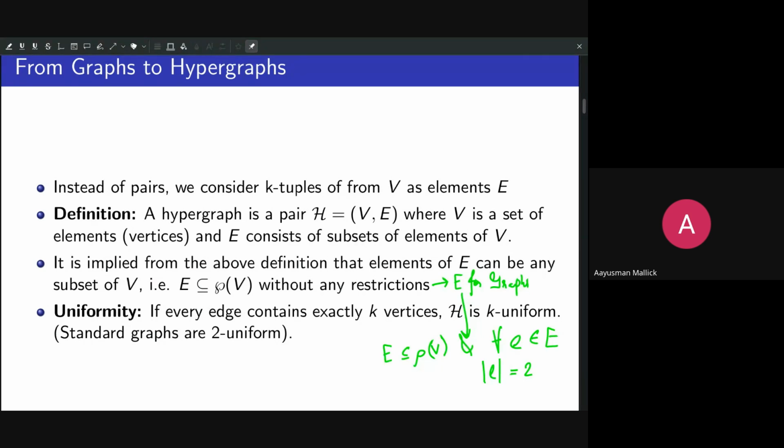You are tasked to create a graph with these n points such that this graph contains no triangles, and among all such graphs, the graph you are trying to create has the maximum number of edges. Abhijit, is it clear? Yes, sir. I heard that we are trying to form triangles, so I was a little confused. Oh, okay.